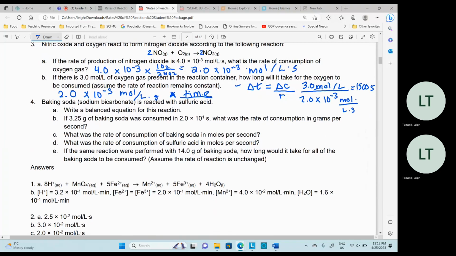What is that in minutes? Divide by 60. 25 minutes. So it's going to take 25 minutes for that to disappear.